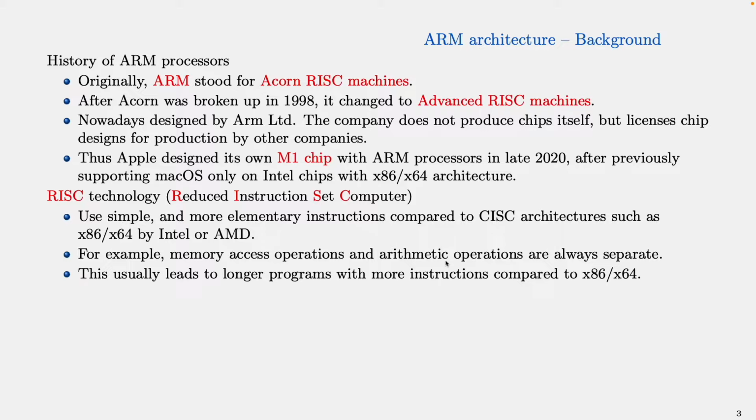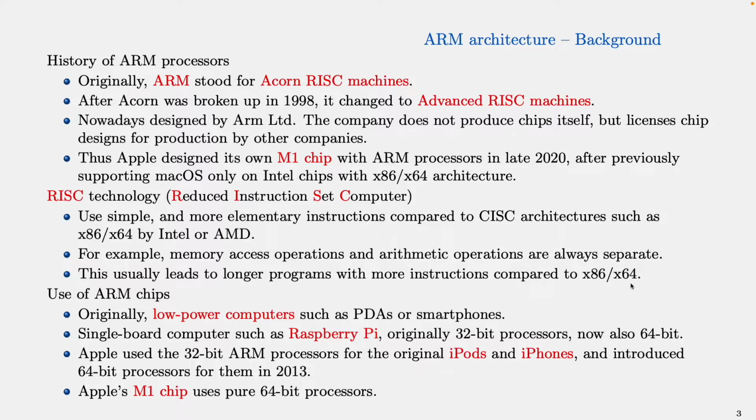On an Intel chip, you can do these things in one assembler instruction, but on an ARM processor, you would have to use multiple instructions for that. The downside is that this usually leads to longer programs on ARM processors as compared to an equivalent program on an x64 processor.